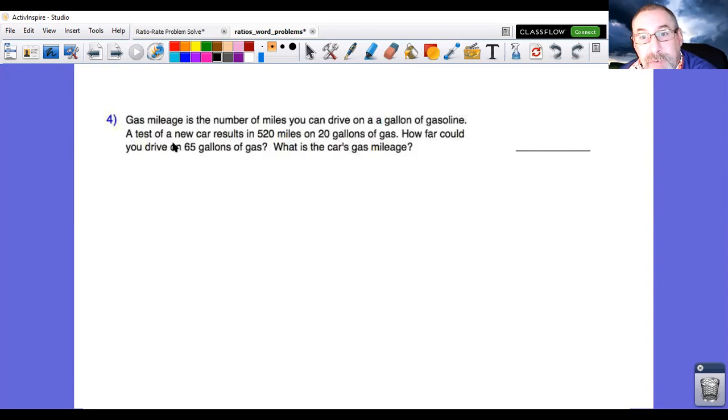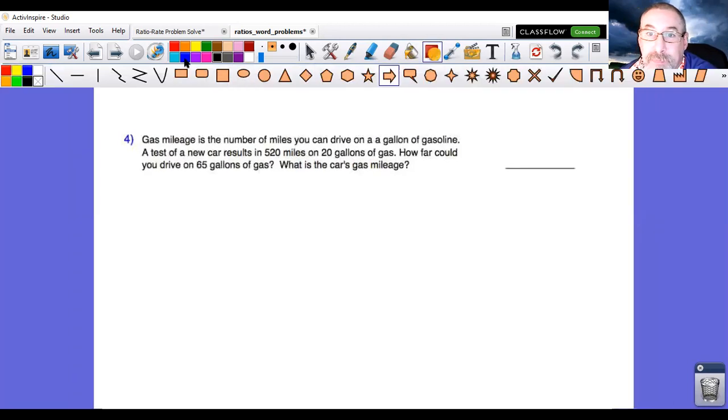So a test of a new car results in 520 miles on 20 gallons of gas. So we went 520 miles on 20 gallons. Now it wants to know how far could you drive on 65 gallons of gas, and what is the car's gas mileage?